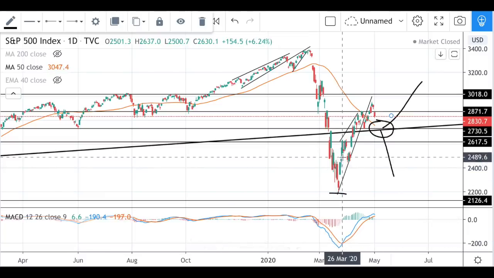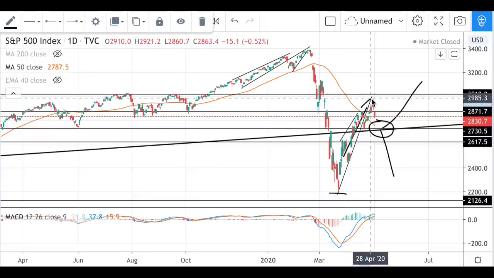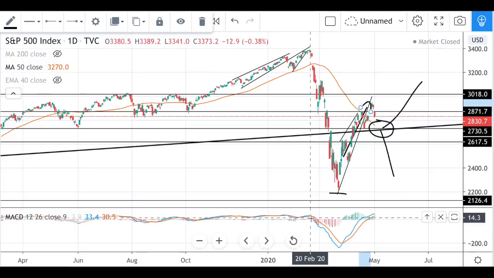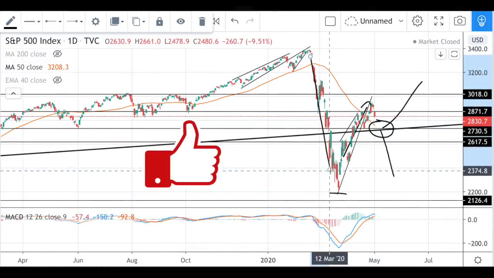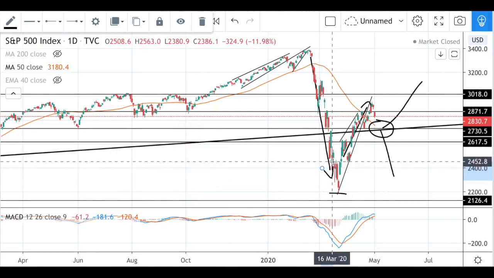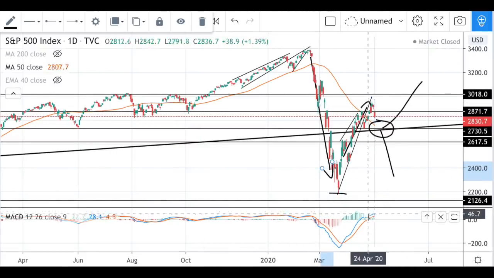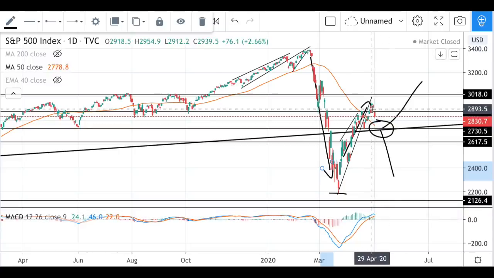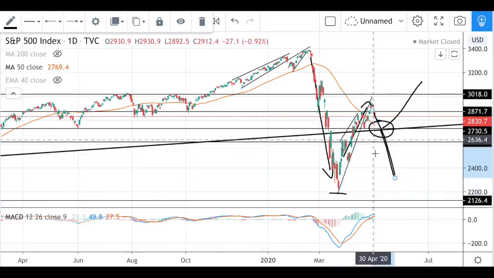If you had bought at this crossover, you would have had a beautiful trade all the way to the top. If you had sold at this crossover right here, you would have had a beautiful trade all the way down to the bottom. And so if the markets just go down a little bit more, you'd have another bearish crossover. The momentum switches, breaks down all these levels, and we'd likely see accelerated selling.